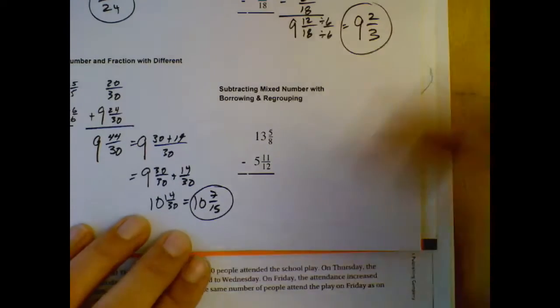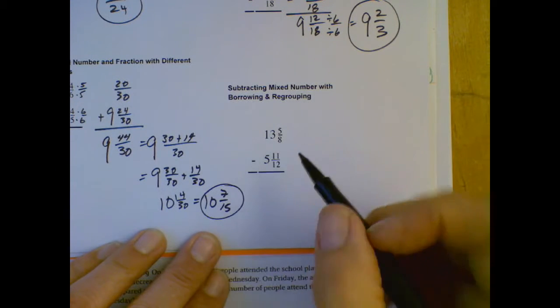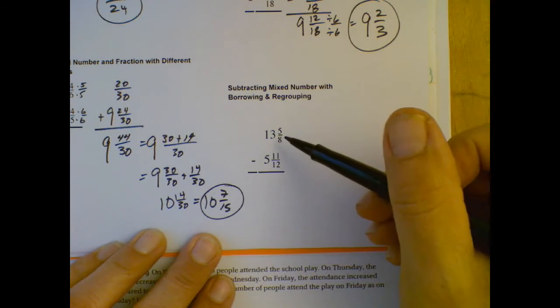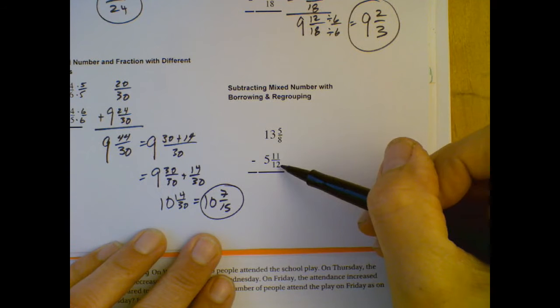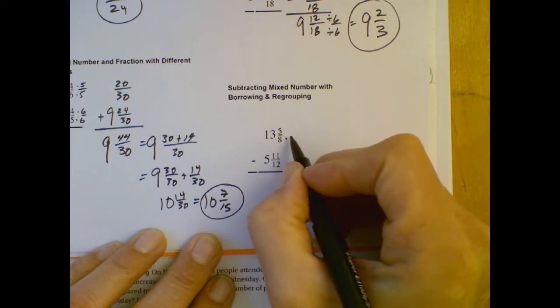One more. Subtracting mixed numbers, borrowing and regrouping. First thing I need to do is get my denominators to be the same. If I multiply 12 by 2, I get 24, and if I multiply 8 by 3, I get 24. So 24 is a common denominator.